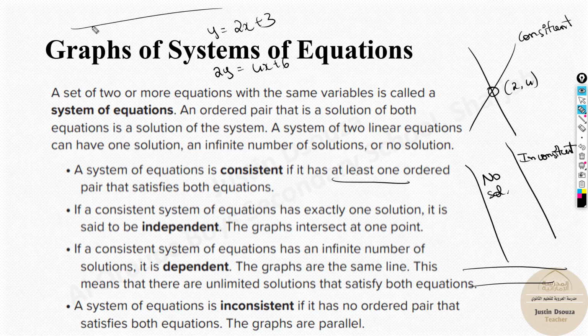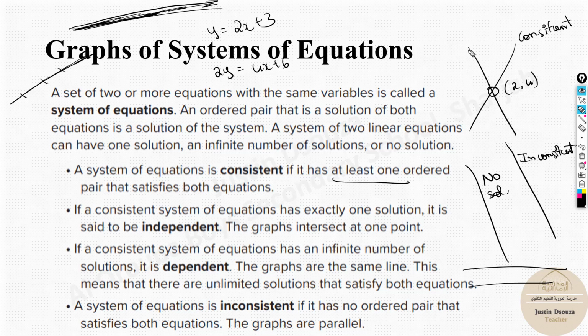So basically if you graph both, they are the same. Now they'll overlap each other. They should be touching each other. So imagine this, then the same thing overlaps. That means every single point is an intersection and they are dependent. So each and every point is a solution and they are dependent.